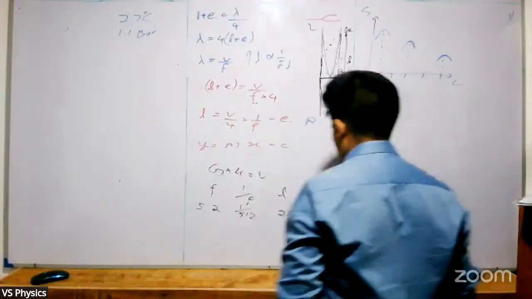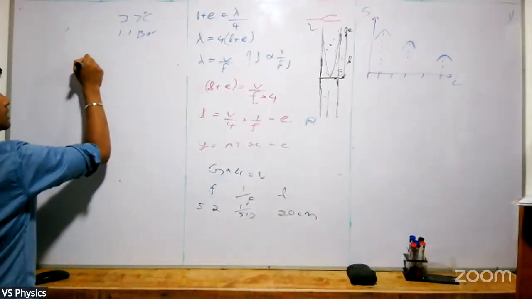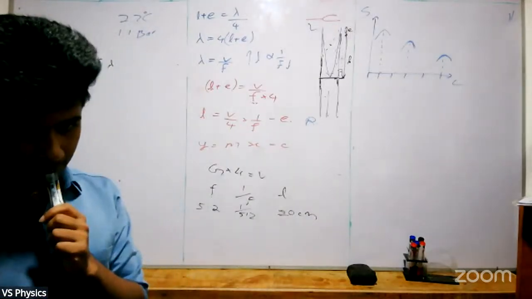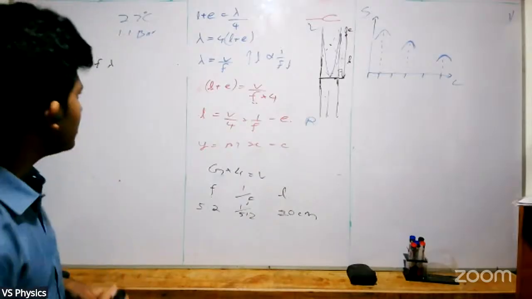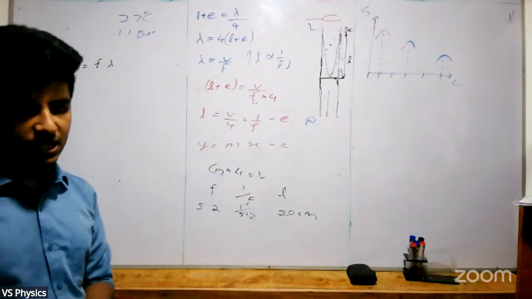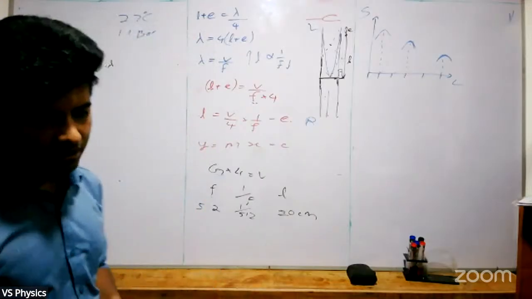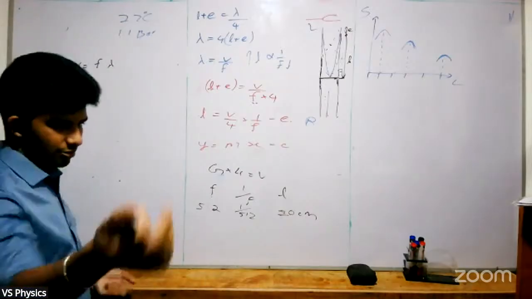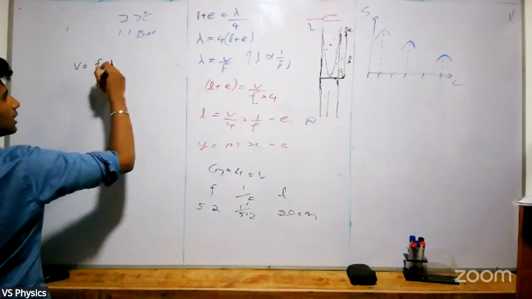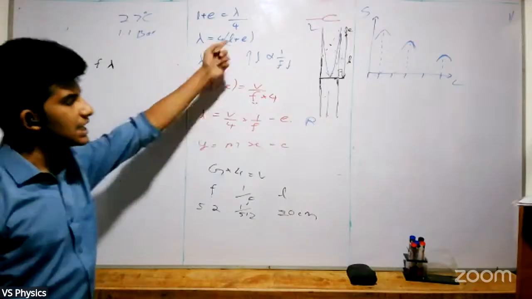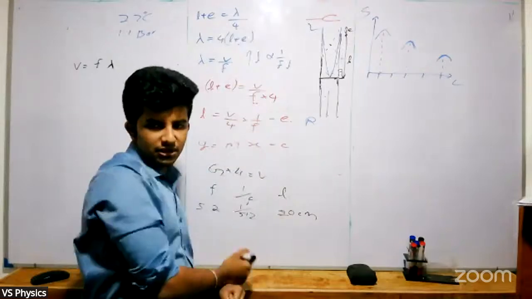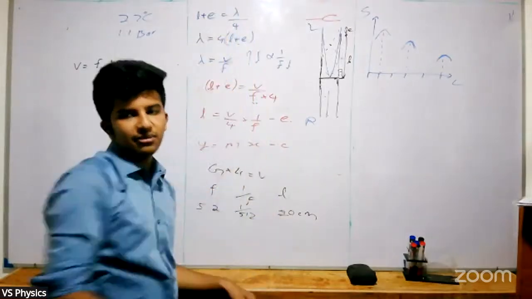Well then, how do we do it? V equals F lambda. Do we know lambda? No, we only know L plus C. They are asking for minimum length, so what we have to do is ignore the end correction, because even if the end correction is there, the value of L will only decrease.